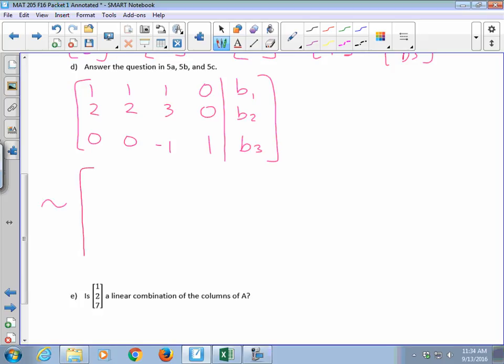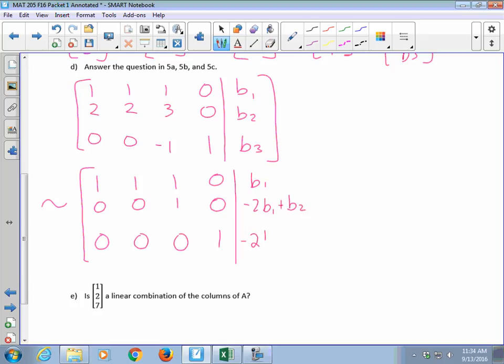I'm going to save us some tedium here. I did this ahead of time. So I did the whole row reduction algorithm, and I get 1, 0, 0, 1, 0, 0, 1, 1, 0, 0, 0, 1. And this is B1, negative 2B1 plus B2, and negative 2B1 plus B2 plus B3.